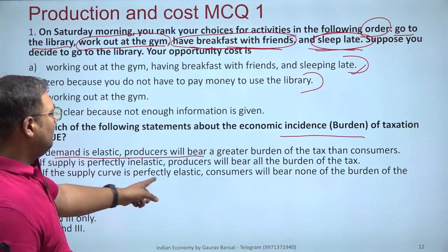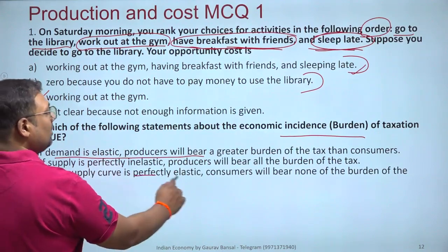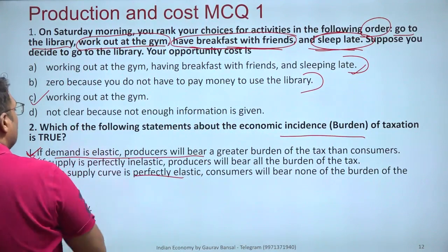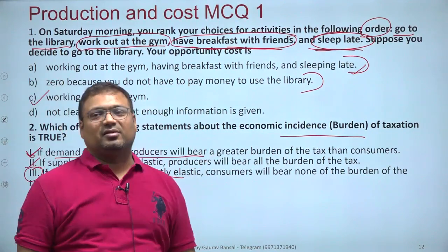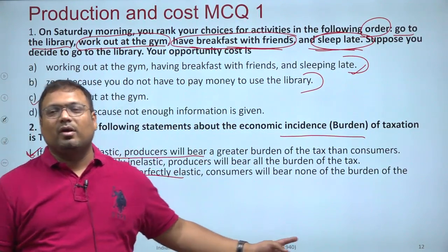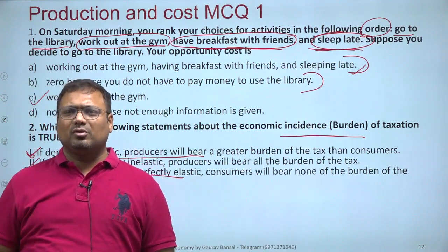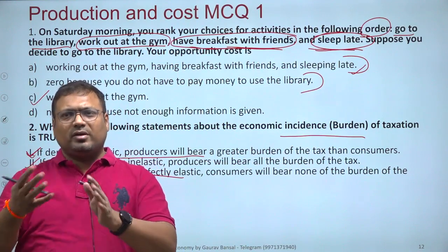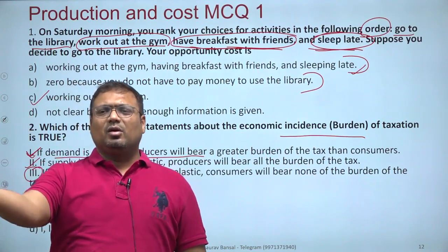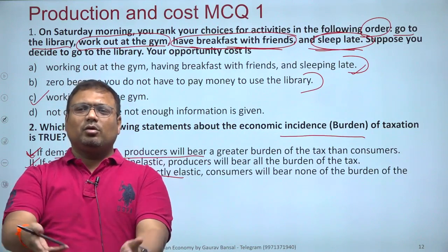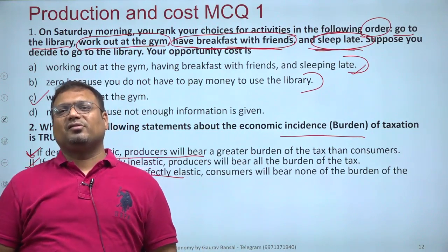If the supply curve is perfectly elastic, the consumer will bear none of the burden of the tax. The third is wrong. If the supply curve is perfectly elastic, then the consumer has to bear all the burden. Then the producer has entire flexibility. He will not produce, he will delay, he will not take any burden of the tax. He says, okay, tax has increased, this money will go to the government, you pay, खरीदना खरीदो, नहीं खरीदना मत खरीदो, ये होता है perfect elasticity.